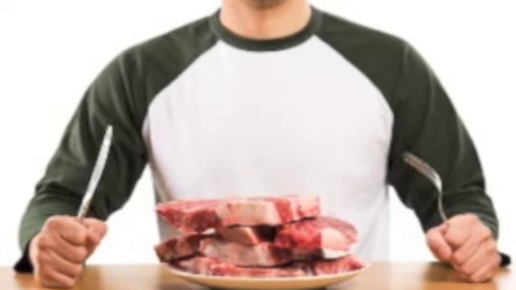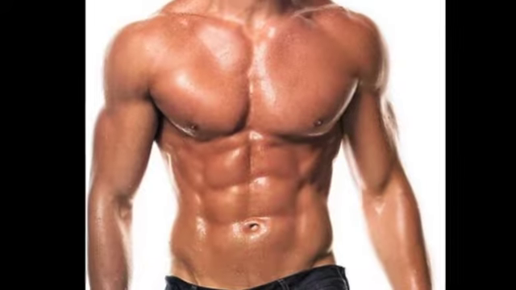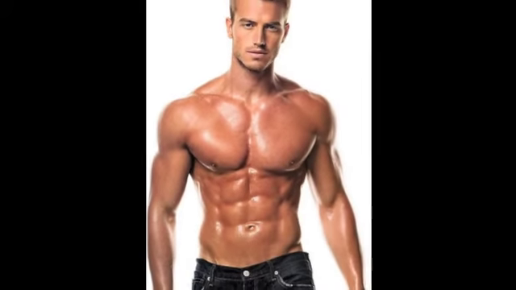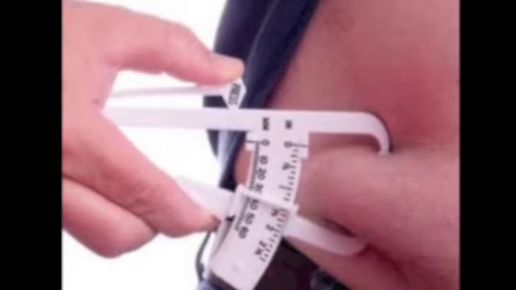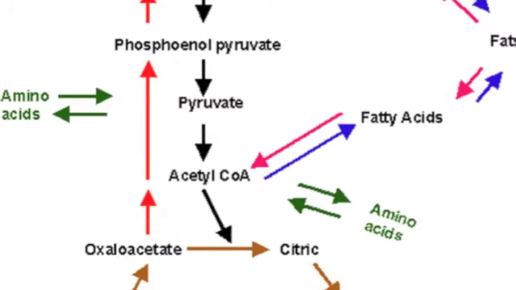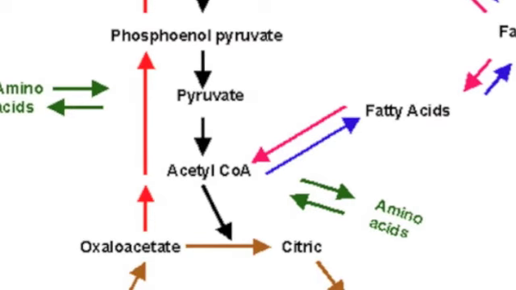There's a common misconception that consuming excess proteins will have this effect. But this is not true. When we consume more protein than our body needs, we convert the excess calories into fat. Amino acids can enter the lipogenesis pathway by being converted to acetyl-CoA.